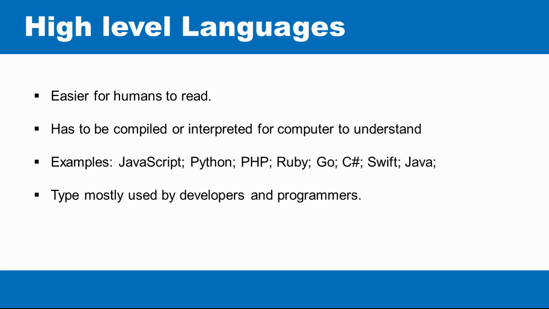What these two terms basically mean is they have to be converted into machine code for the machine to understand the instructions. So high-level languages are what you're really going to be using when you are programming for a computer, or writing instructions for the computer to follow.